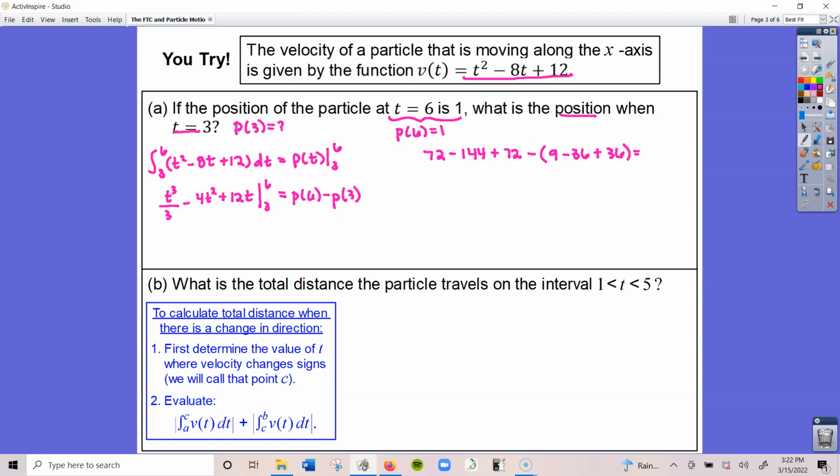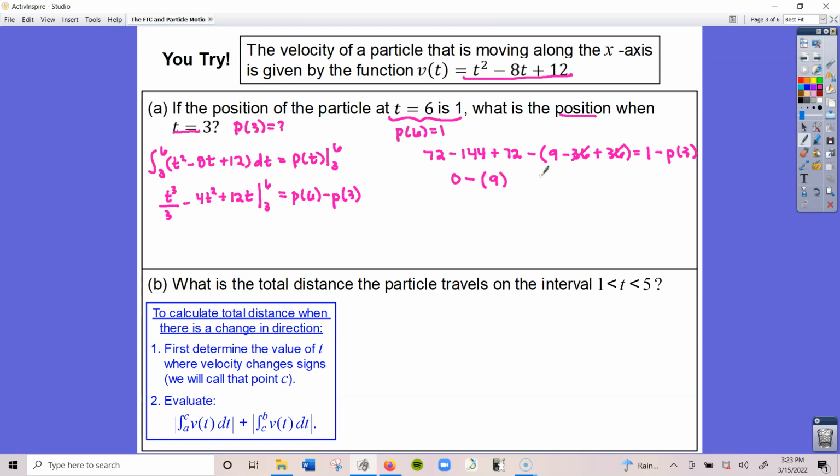And this is going to equal p of 6, which I was told is 1, minus p of 3. Now let's work out over here. 72 minus 144 is negative 72. Plus 72 is 0. Minus 9. And then this negative 36 will cancel with this positive 36.